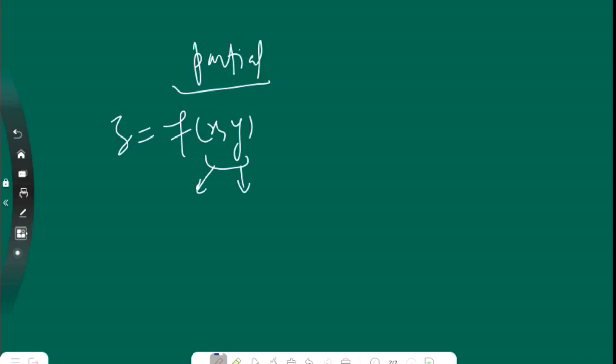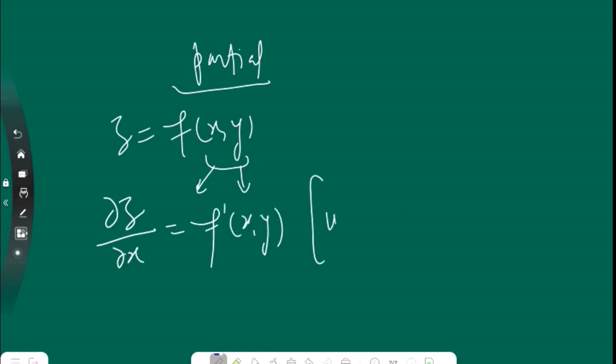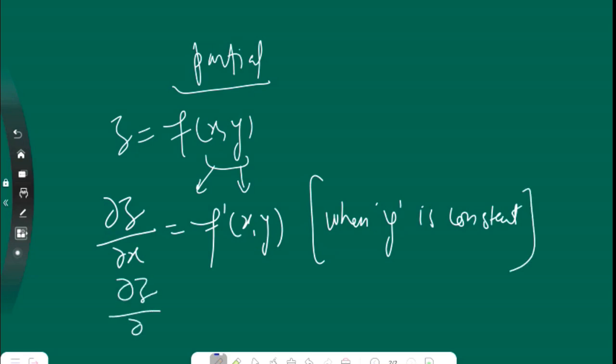Let us suppose we are differentiating it first with x. It will be called f_x when y is constant. And when we differentiate it with y, same, now x remains constant.